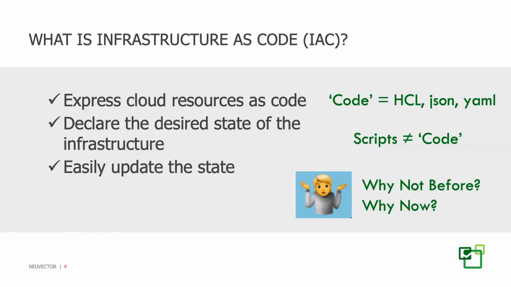In today's webinar, we're going to be talking about a specific type of code called HCL, and that is from HashiCorp, and that's used with Terraform, and that stands for HashiCorp Configuration Language. But code can also be referring to JSON as well as YAML files. So that's how we kind of have co-opted the term code.